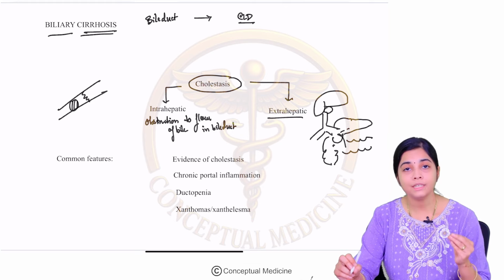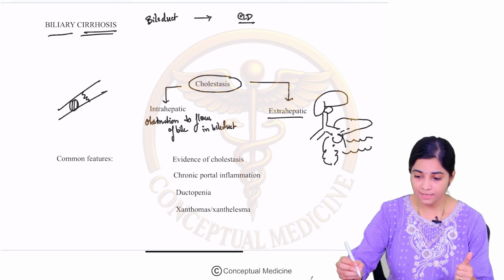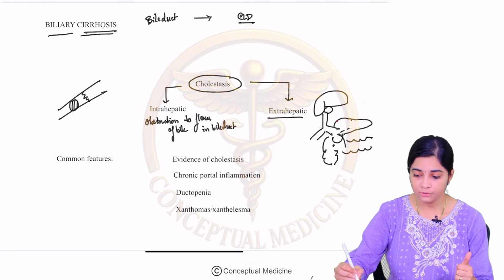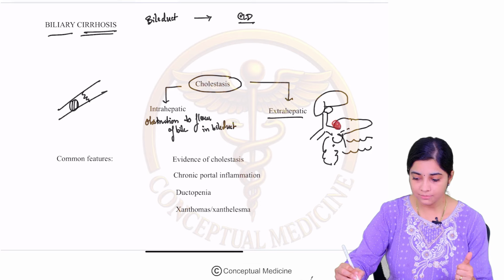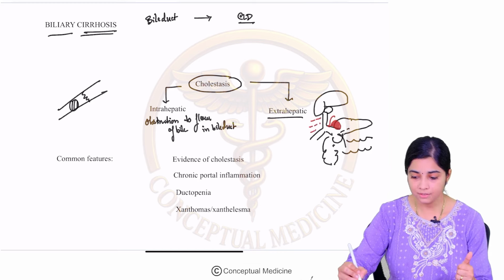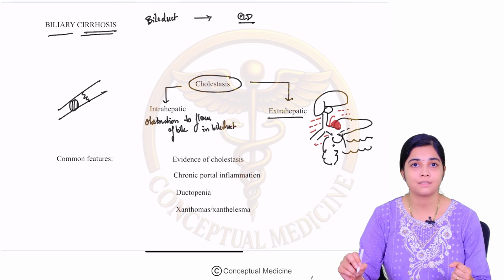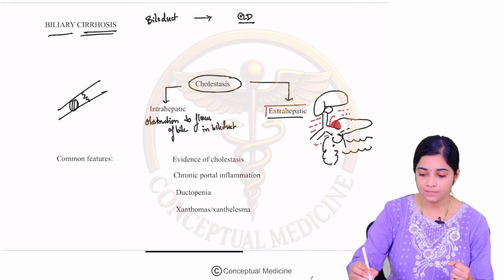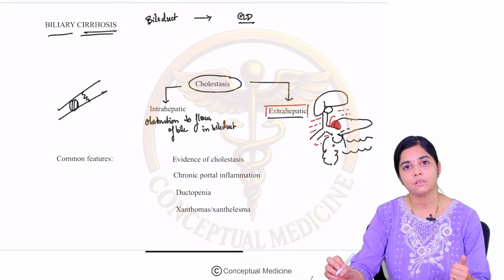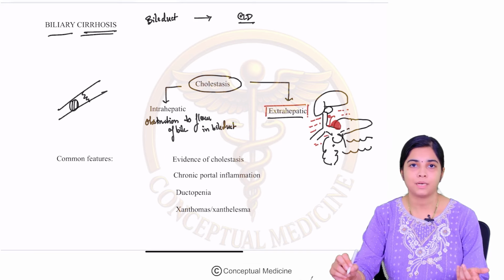Any disorder which causes compression of the bile duct externally, for example a tumor arising from the head of the pancreas, is going to compress the bile duct externally. Similarly, fibrosis in the retroperitoneum, your retroperitoneal fibrosis, is going to compress the bile duct externally. This is what results in extrahepatic cholestasis. A lymph node in this region can also compress the bile duct.